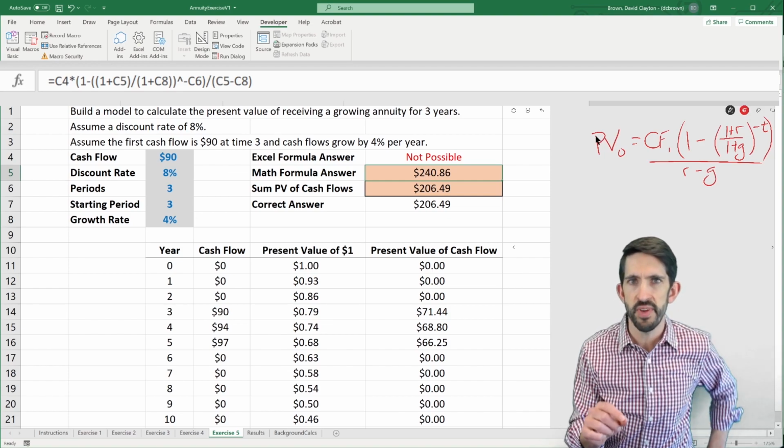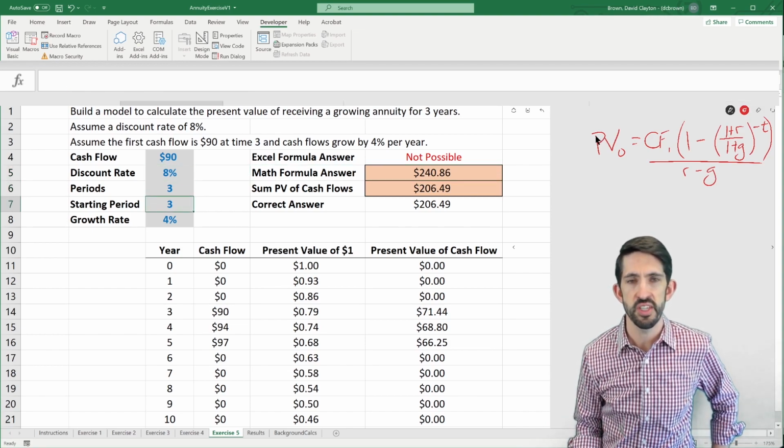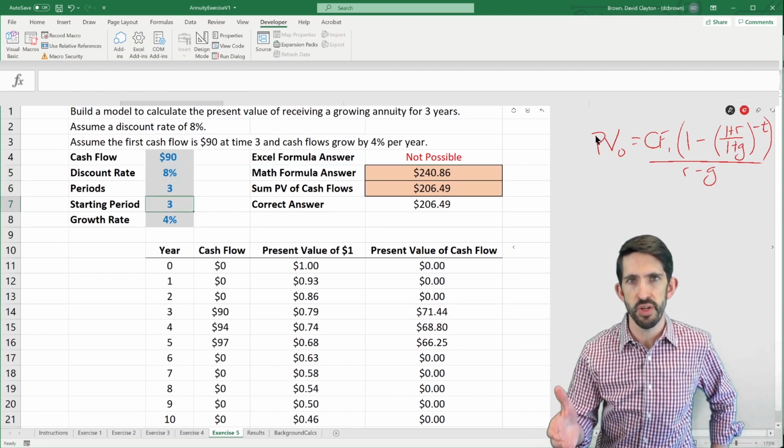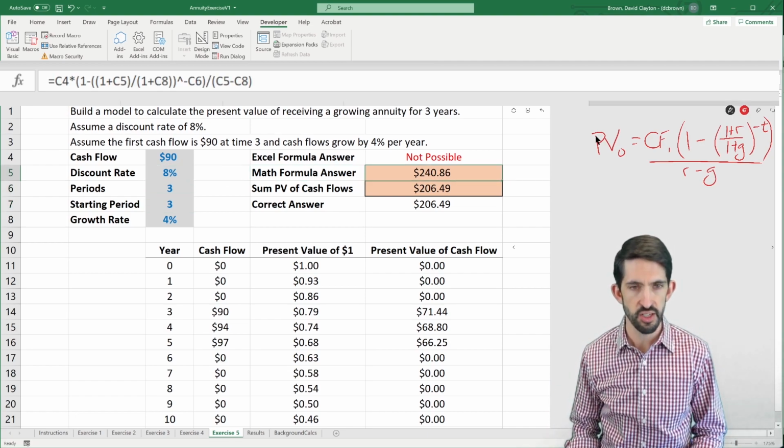Well, we got the present value of a growing annuity formula correct. What we haven't calculated in, though, is the starting period, right? We didn't start at period 1, we started at period 3. Because of that, we have to come back in and adjust.